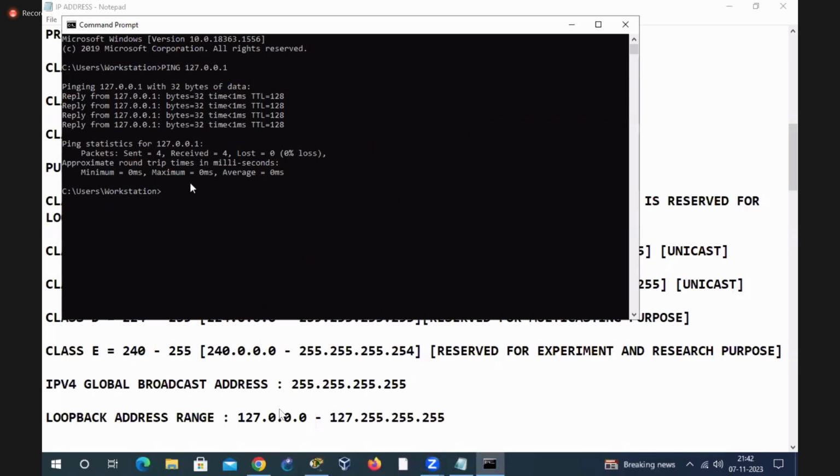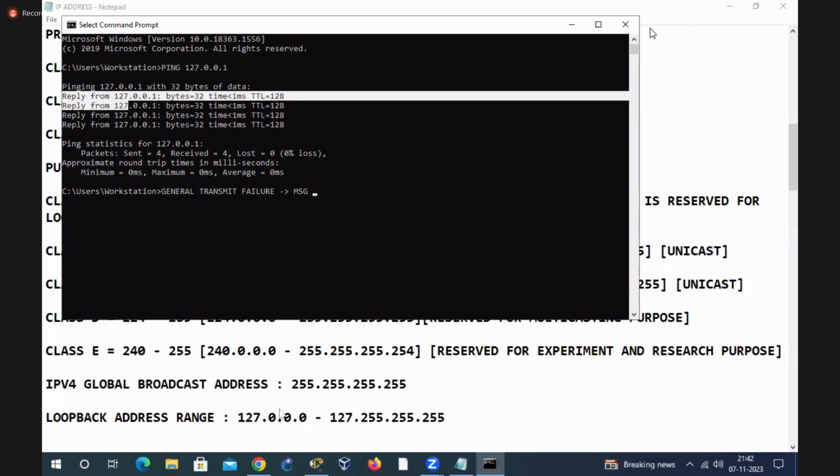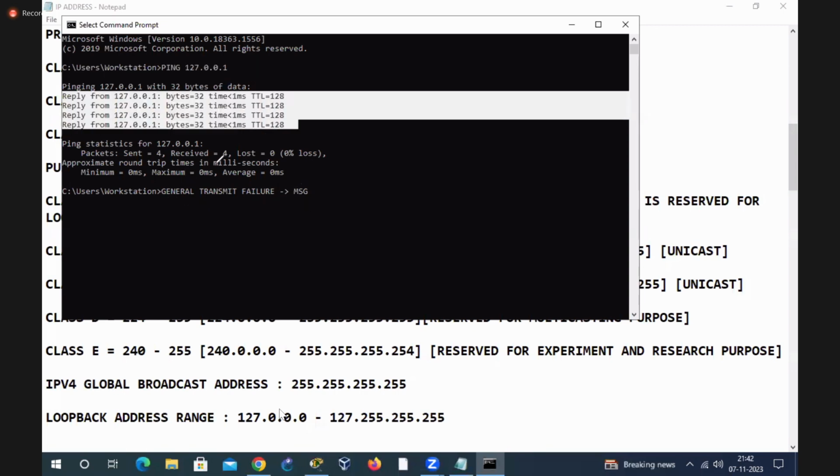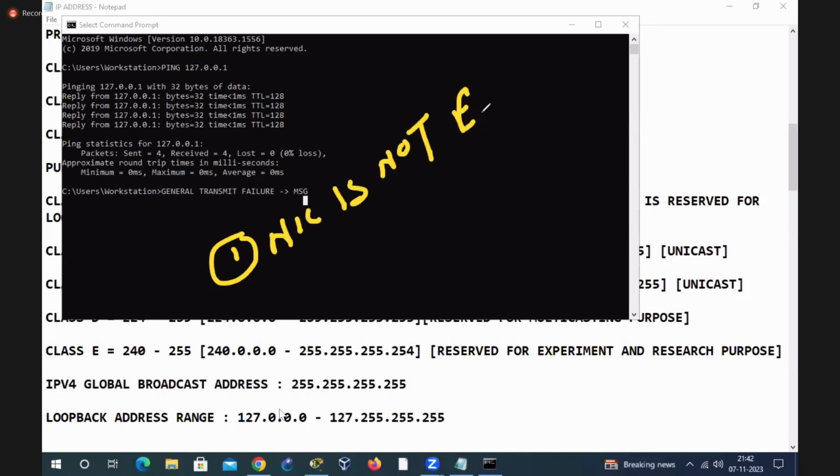But if you get a message called general transmit failure when you are doing the ping test, instead of the reply, it simply means there are two situations in which you get this message. The first situation is that the NIC is not enabled.